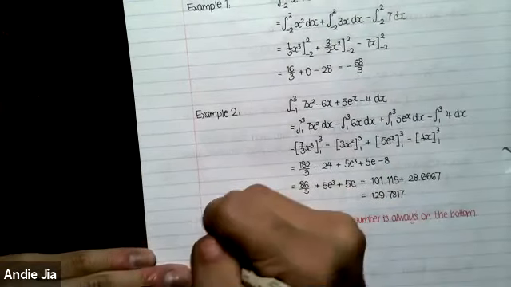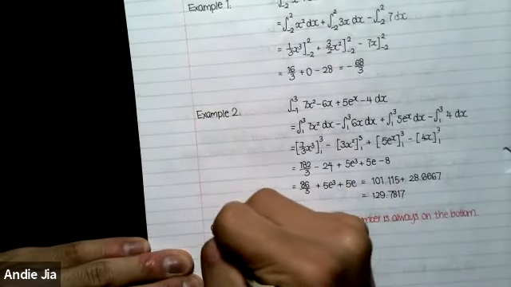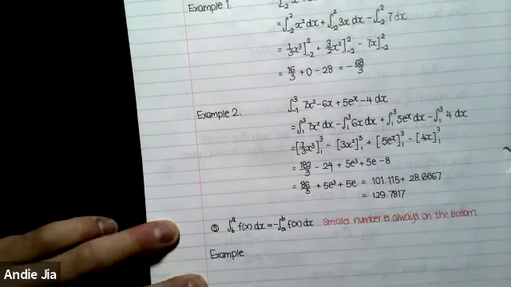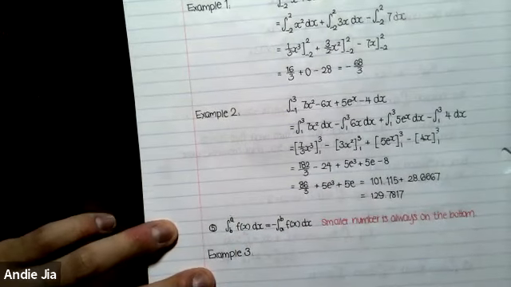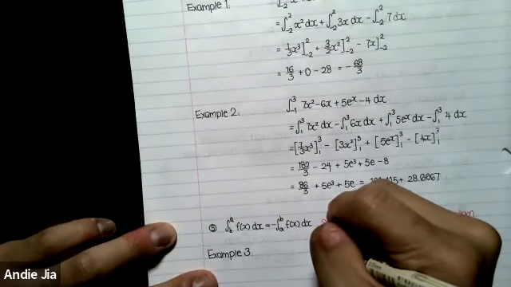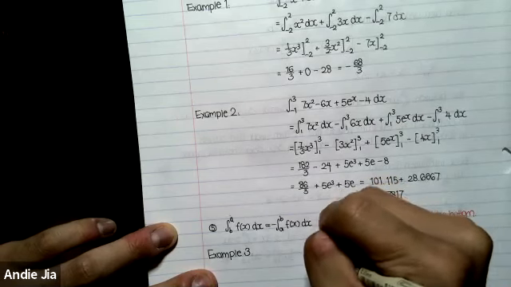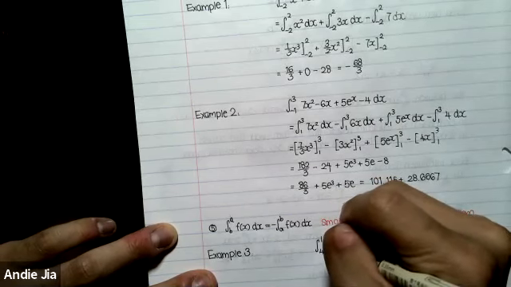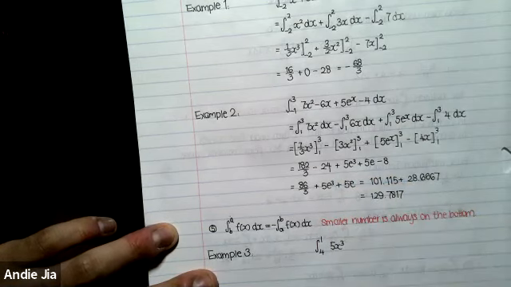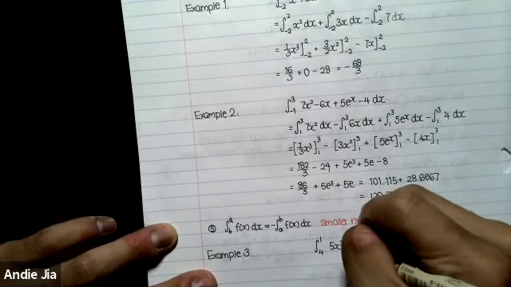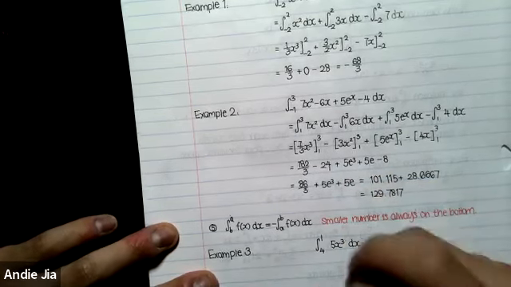Example number 3. If we have the integral from 1 to 4 of 5x cubed dx, then we need to swap the sign.